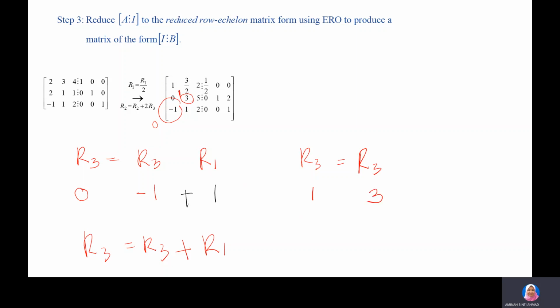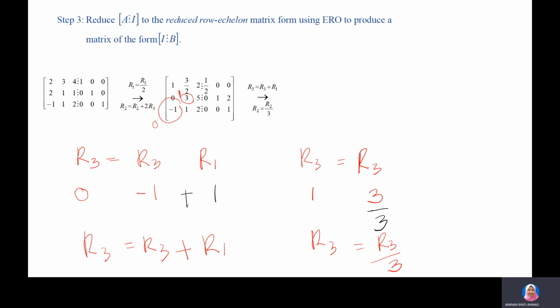So to make sure it's equal to 1, we just need to divide with 3. Therefore our formula will be row 3 equal to row 3 divide with 3.